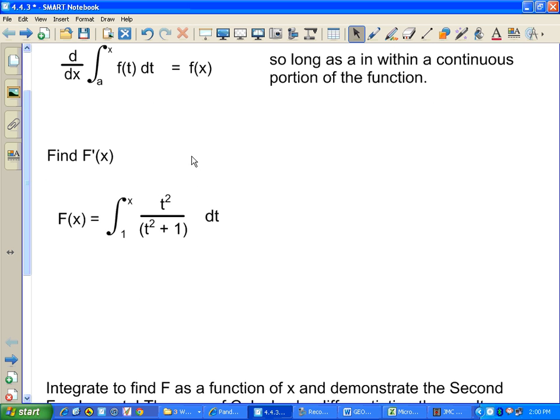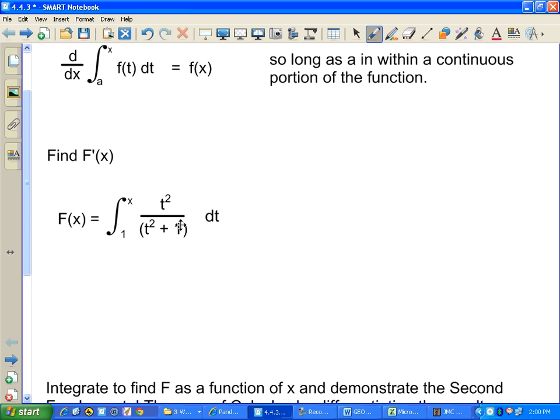So here's an example. If I want to find the derivative of this function, this function is now defined as an integral. An integral can be a type of function. Well, as long as 1 is in the continuous portion of this function, continuous meaning that there's no breaks in the area where 1 is up to x.